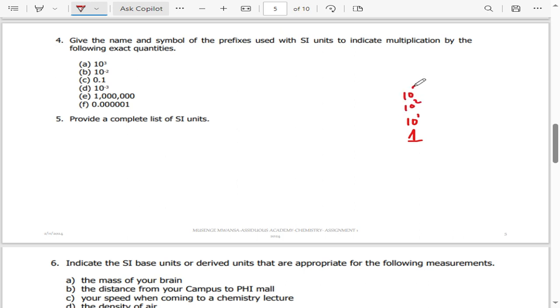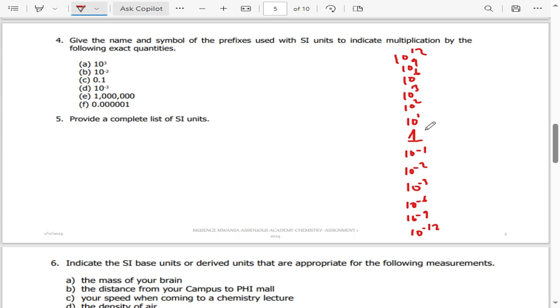We'll now start moving in multiples of 3. 10 to the power positive 3, 10 to the power positive 6, 10 to the power 9, 10 to the power 12. Even down, I'll go to 10 to the power negative 1, 10 to the power negative 2, 10 to the power negative 3, 10 to the power negative 6, 10 to the power negative 9, 10 to the power negative 12. These are the common ones you use.